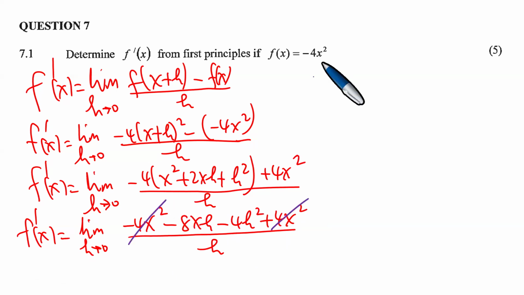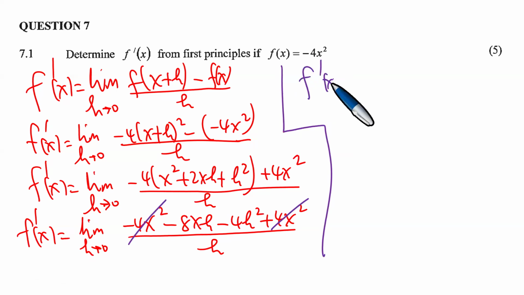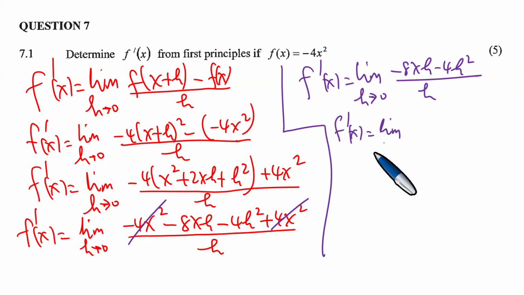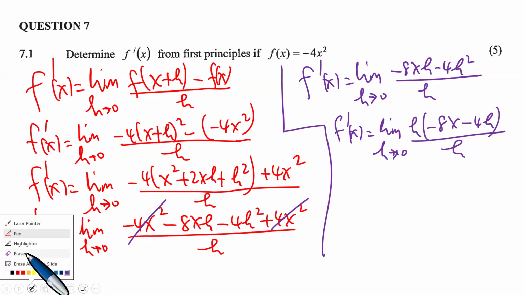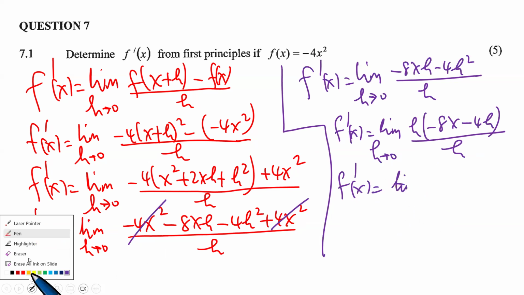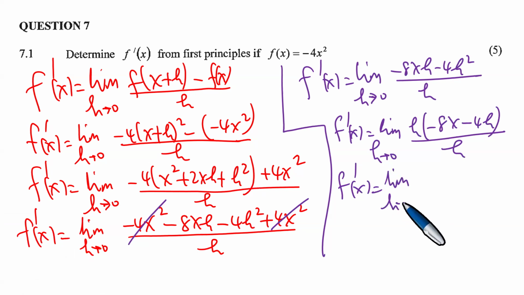We cancel these two here, which means we have f prime of x equals the limit as h tends to 0 of minus 8xh minus 4h squared over h, meaning you have the limit as h tends to 0 of h open bracket minus 8x minus 4h over h. So the h cancels, and we have the limit as h tends to 0 of minus 8x minus 4h.